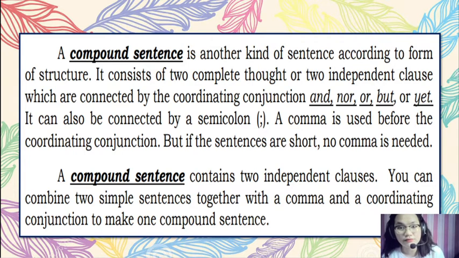It consists of two complete thoughts or two independent clauses which are connected by a coordinating conjunction: and, nor, or, but, or yet. We know these coordinating conjunctions by the acronym FANBOYS, which is for, and, nor, but, or, yet, and so.